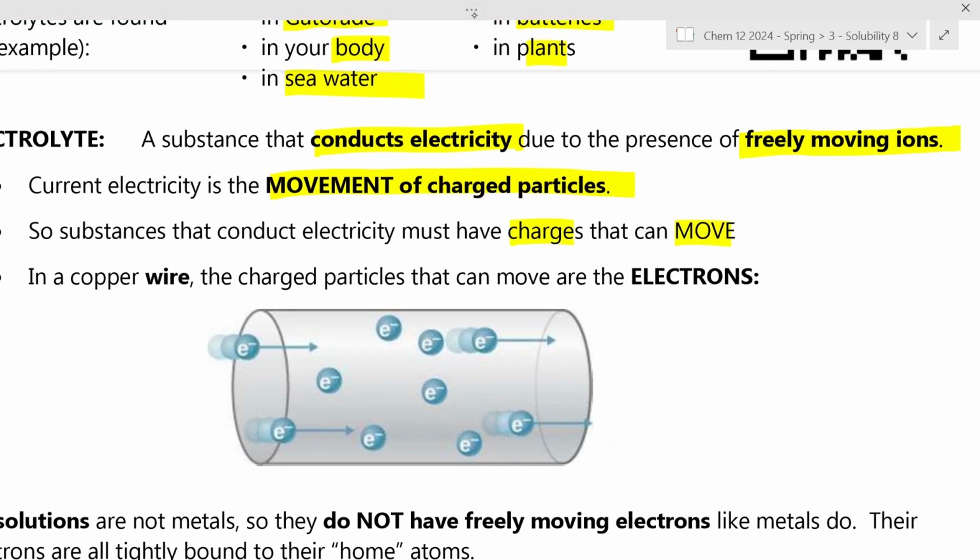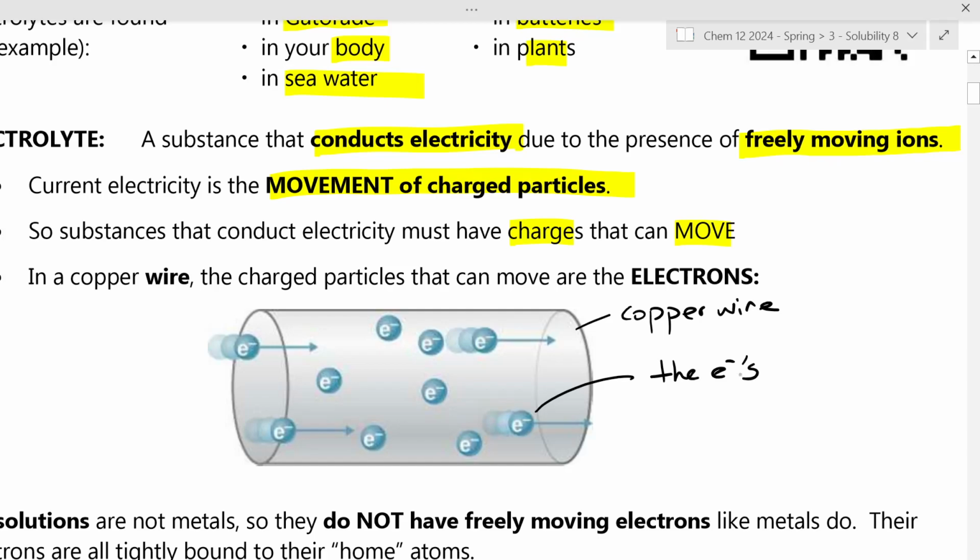Now let's say that we have here a copper wire. A copper wire does not contain freely moving ions, but in metals, the valence electrons are able to hop from one atom to the other. So in a wire, the electrons are mobile.